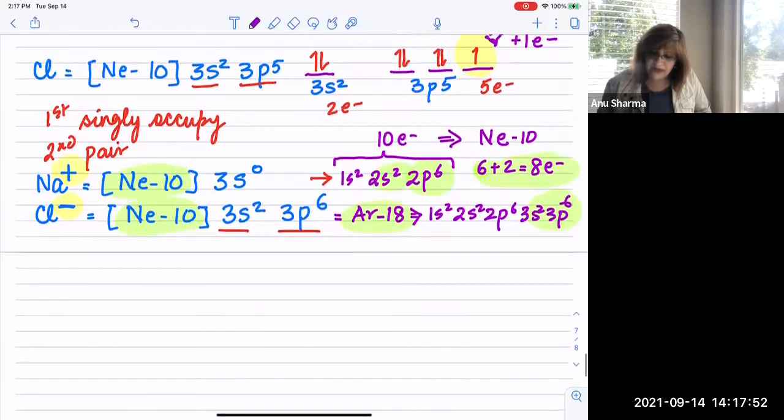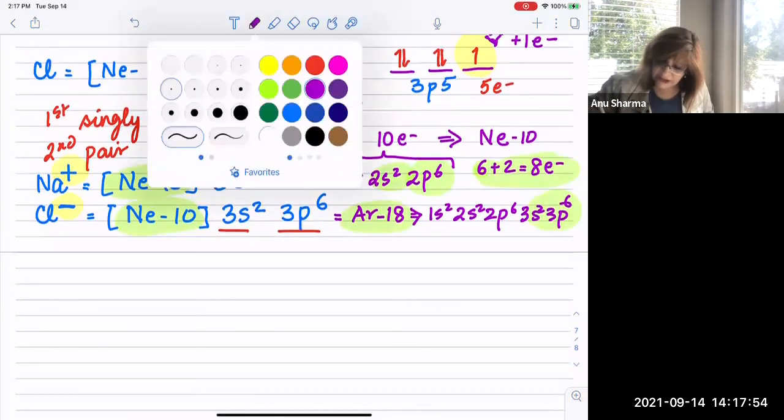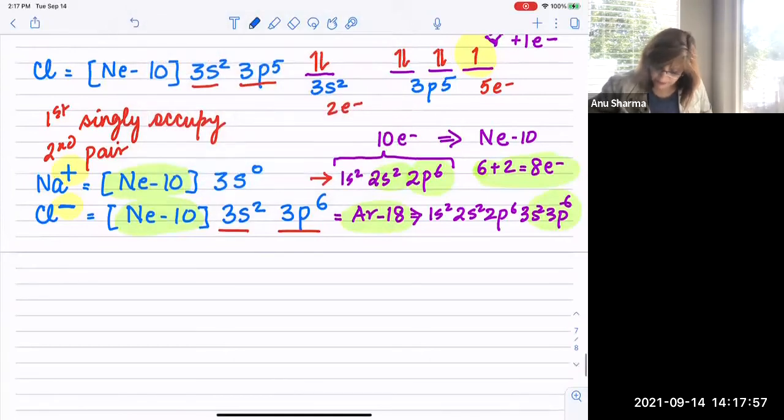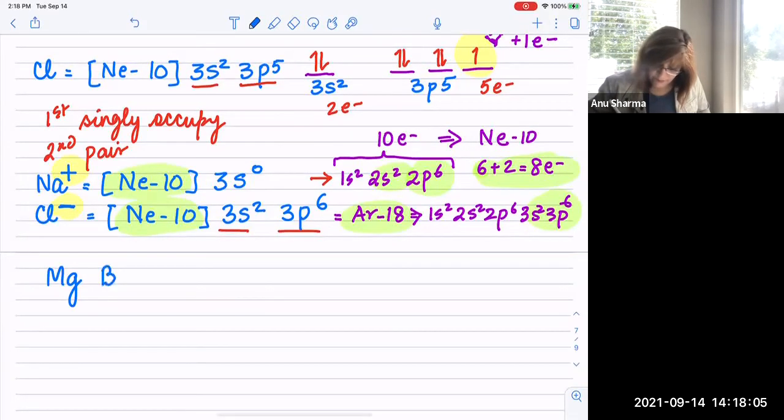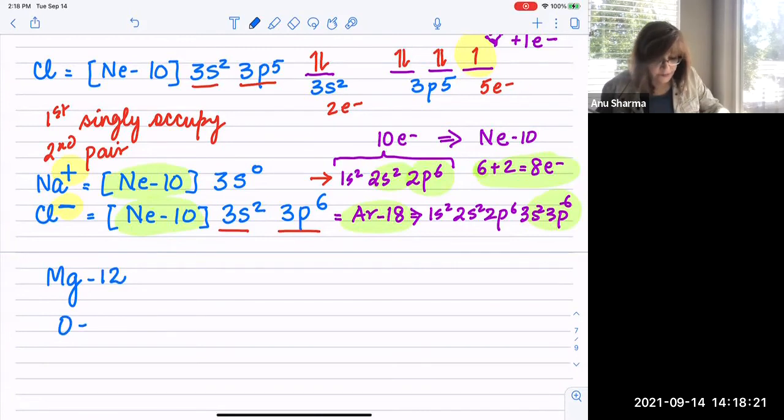Let's look at another example of magnesium, and we're going to look at the diagrams also. So here you have magnesium, and magnesium with bromine, Mg, or let's do magnesium with oxygen. So we have magnesium, magnesium is 12, and oxygen is 8.